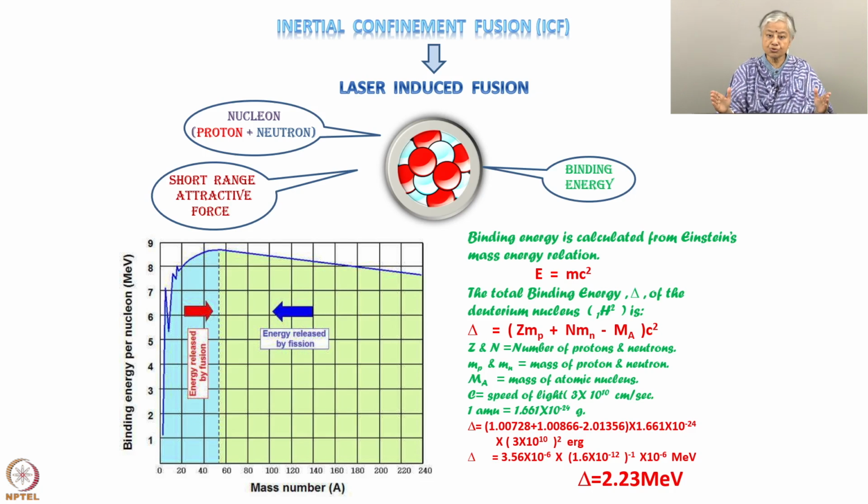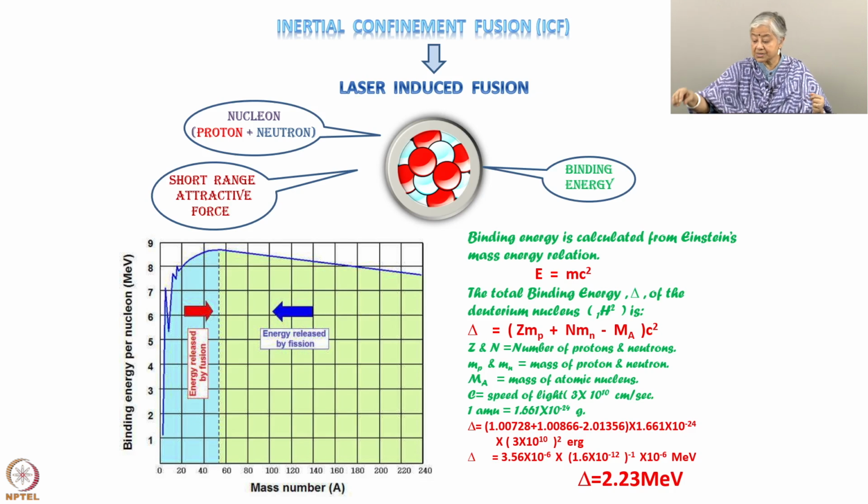Nothing happens to the neutrons. Neutrons are neutral, they do not have any charge. So, the protons, because of the Coulomb energy, should be just flying apart, but that does not happen. The nucleus exists and these protons exist with the neutrons.